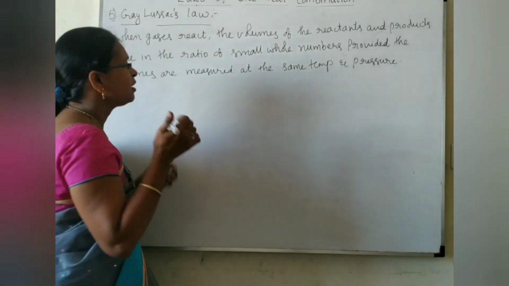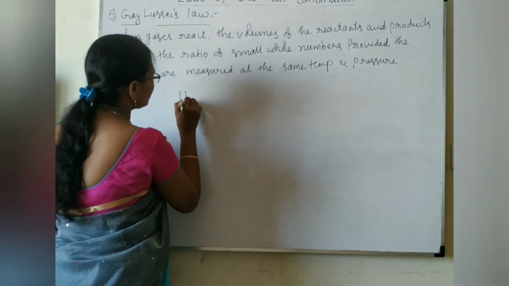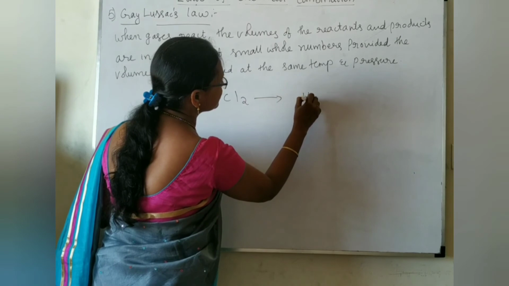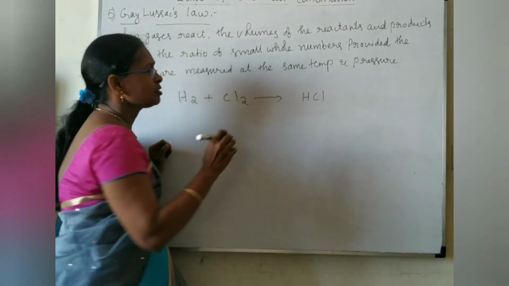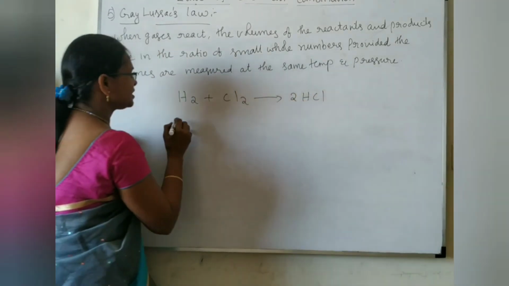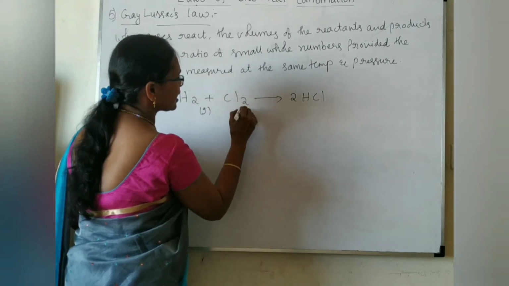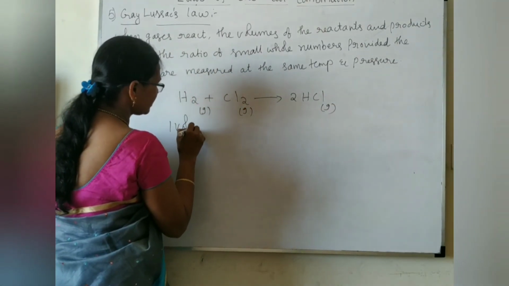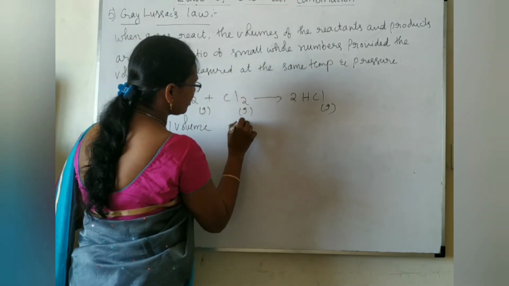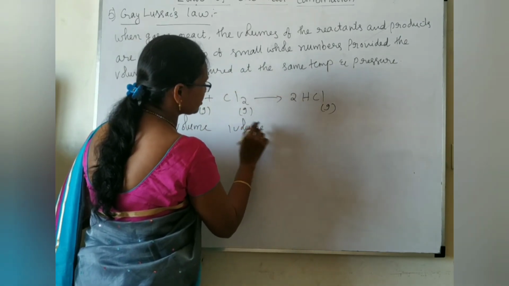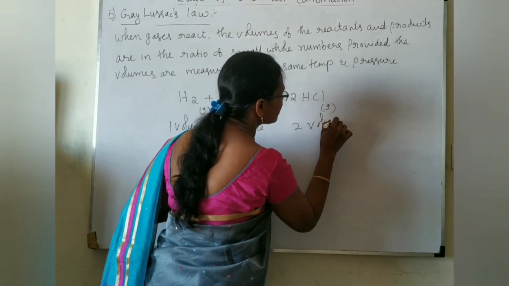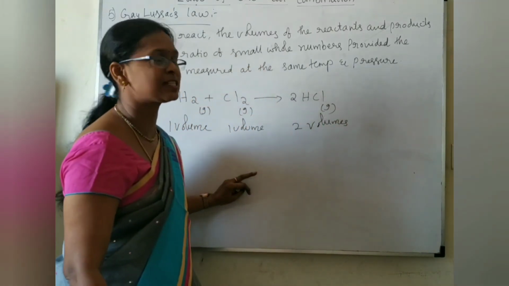For example, hydrogen reacting with chlorine, forming hydrogen chloride. All are gases here. So 1 volume of hydrogen reacts with 1 volume of chlorine, giving 2 volumes of hydrogen chloride based on the stoichiometry.